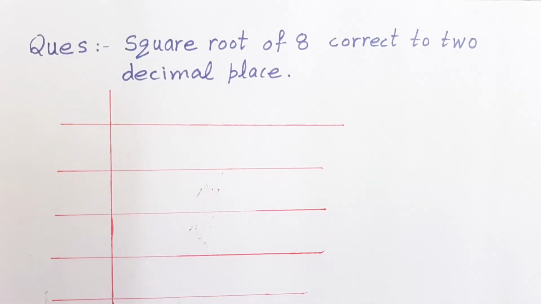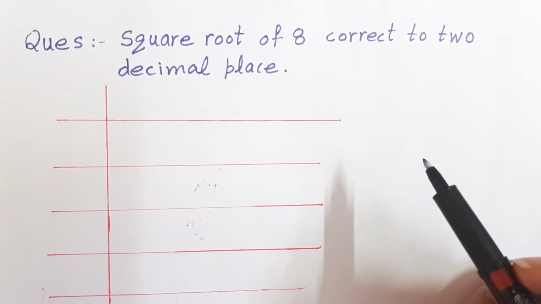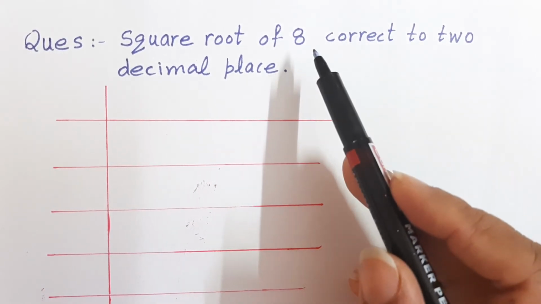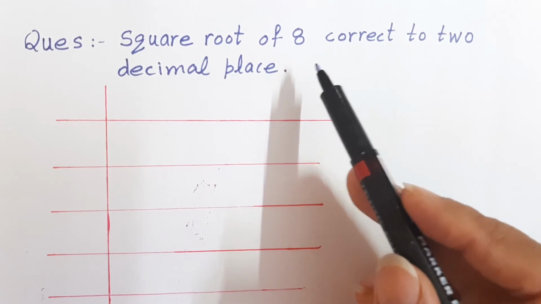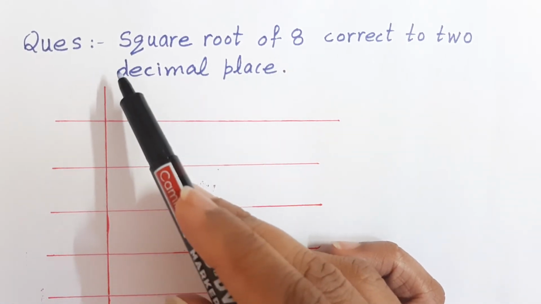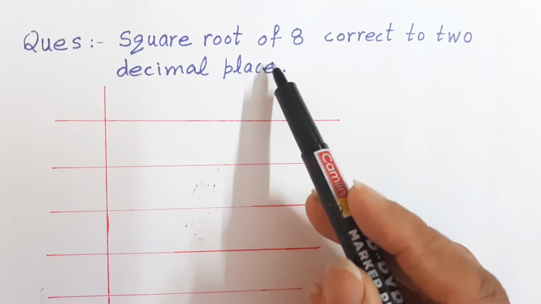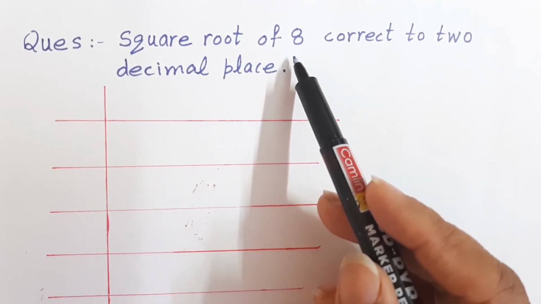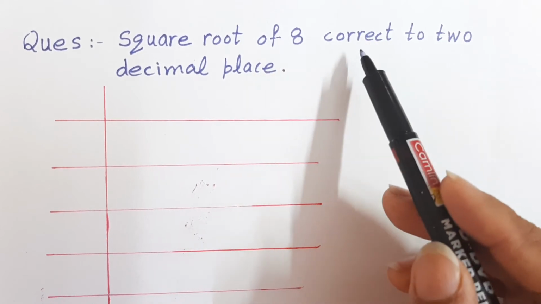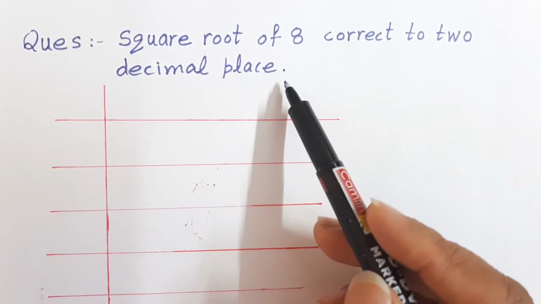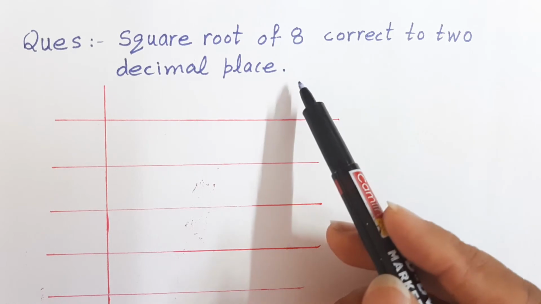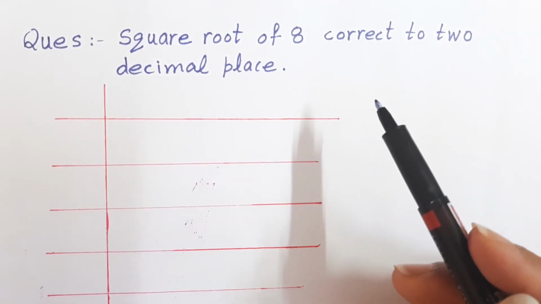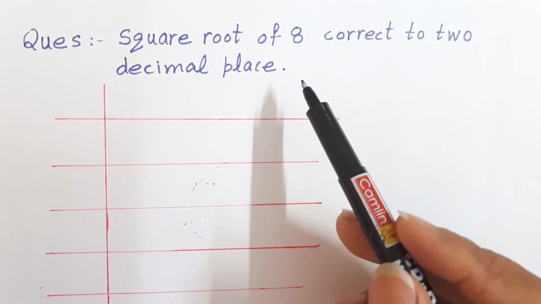Now students, let us learn how to find the square root of a given number which is not a perfect square. Now let us consider this question. Find the square root of 8. Now students, you must be knowing 8 is not a perfect square. Correct to 2 decimal places. Now for this, you should know that we shall find the square root up to 3 places here.